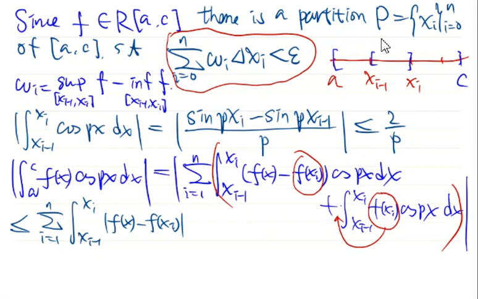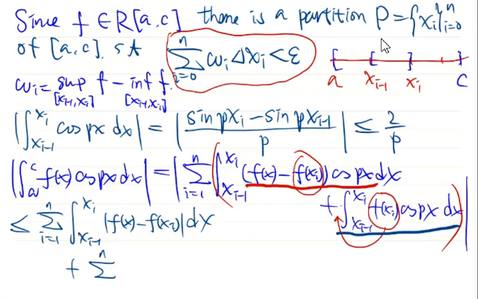Okay, the first integral here, you can take the absolute value inside the integrand. The integrand cosine px has absolute value not greater than 1. So the integrand is controlled by the absolute value of f(x) minus f(x_i), dx. Plus the second term.